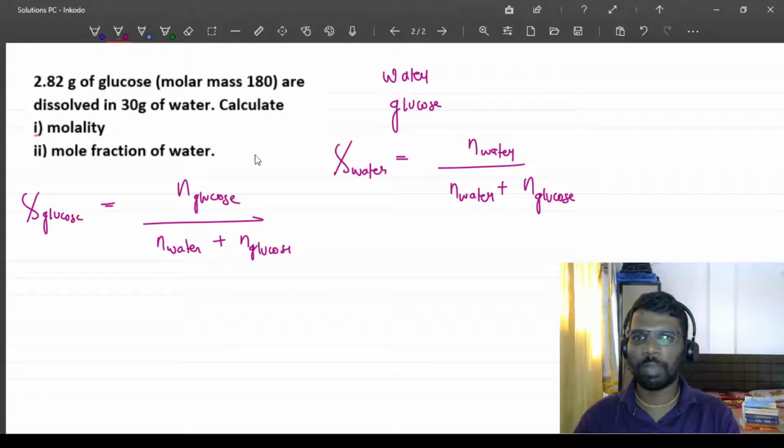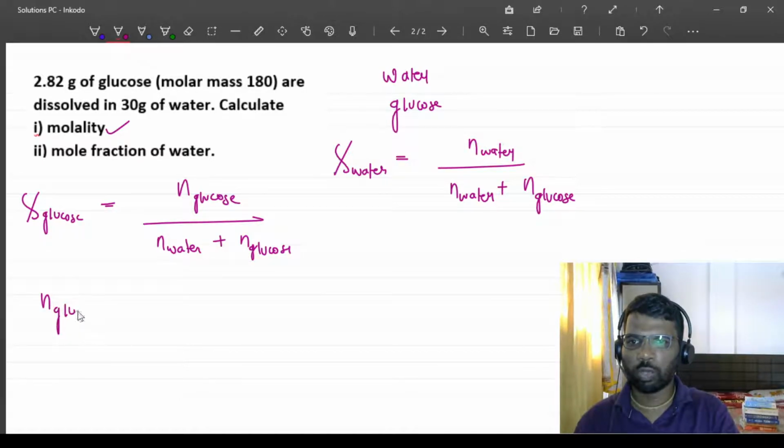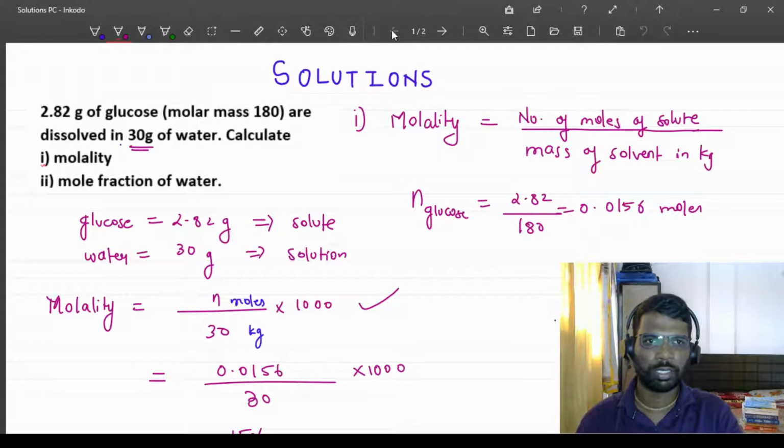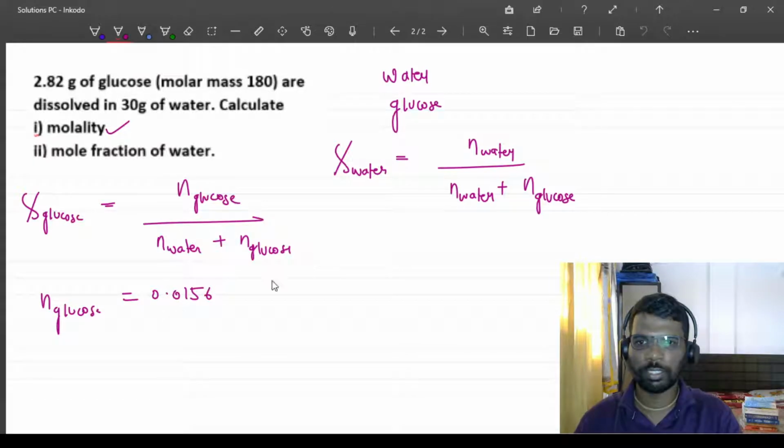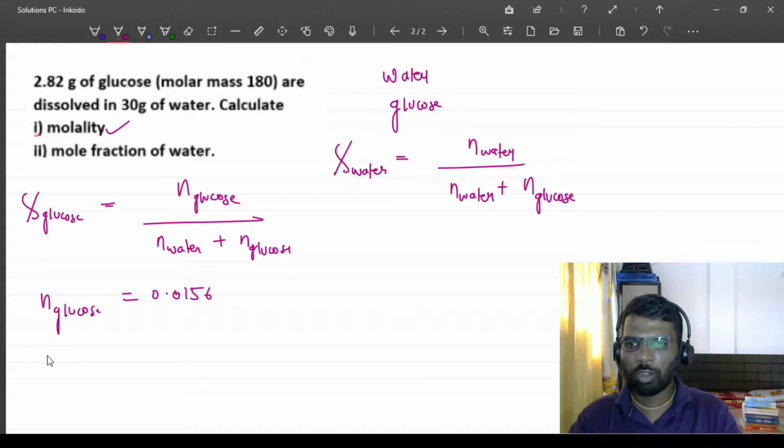In the last example, while solving this molality question, we got the number of moles of glucose to be 0.0156. I'll just cross-check. Yeah, 0.0156. This is the number of moles I got. So the number of moles of water is how much?